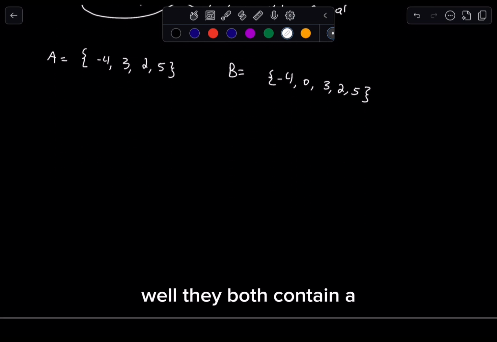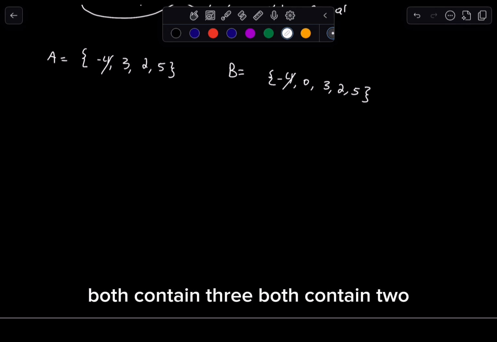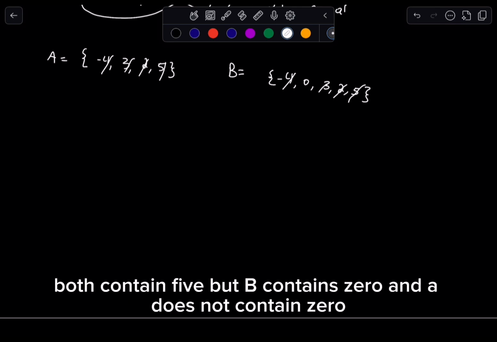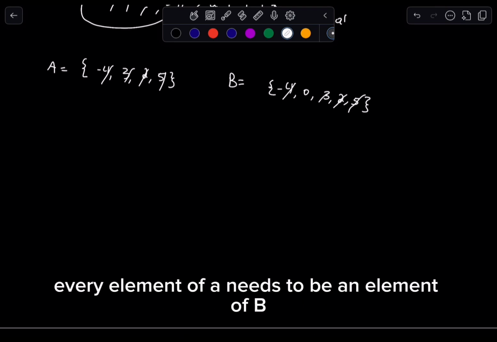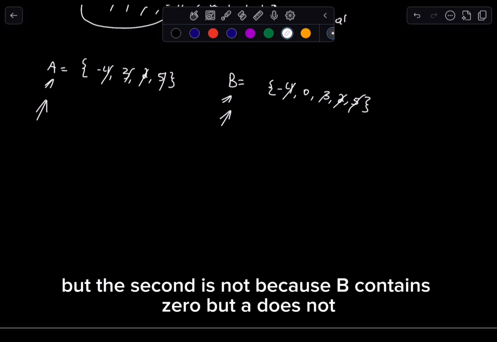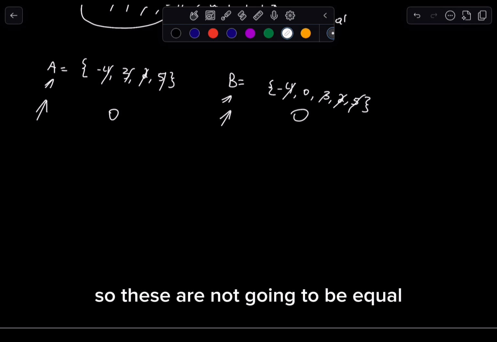Well, they both contain -4, 3, 2, 5, but B contains 0 and A does not contain 0. And what are the two conditions that need to be met for both sets to be equal? Every element of A needs to be an element of B, and every element of B needs to be an element of A. Well, the first condition is true, but the second is not, because B contains 0, but A does not, so these are not going to be equal.